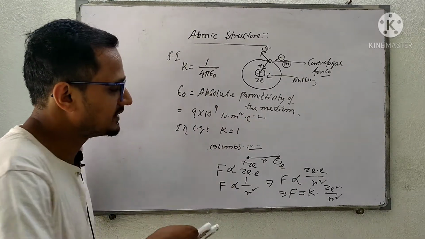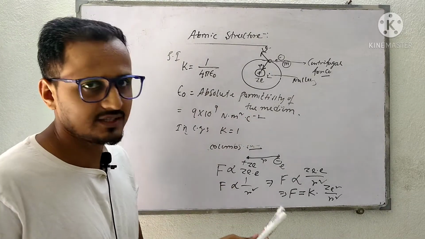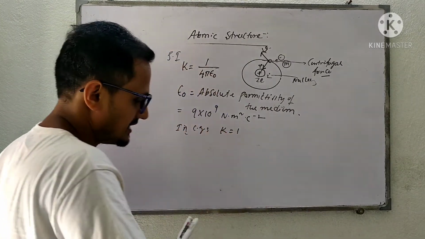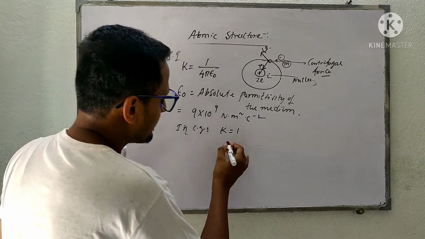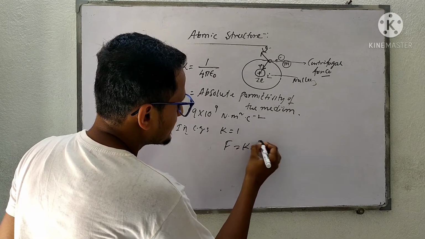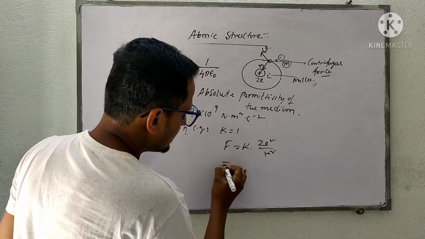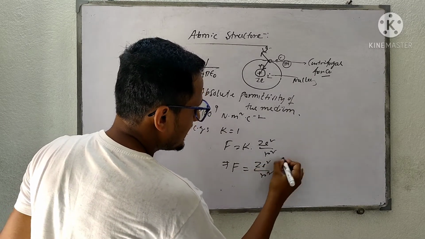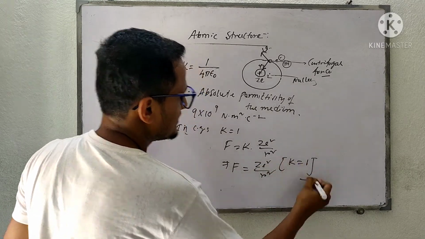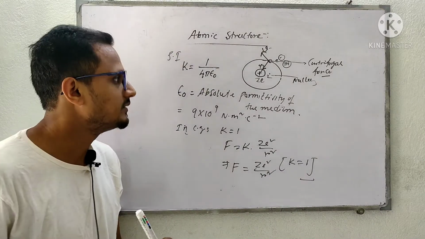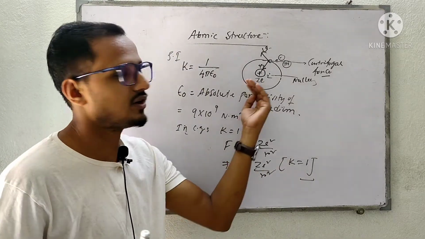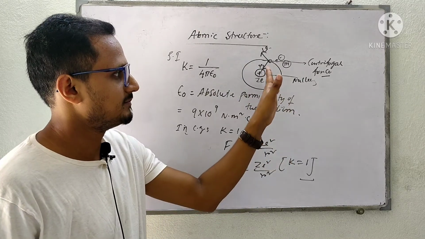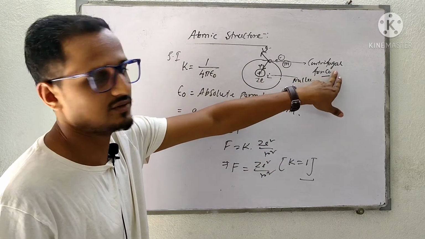If you are calculating in CGS unit, then this relation, F is equal to K into Z square by R square, will become F equal to Z square by R square, because K you are taking as 1. This is the centripetal force or Coulombic attraction force, and it is neutralized by an equal but opposite force, that is the centrifugal force.